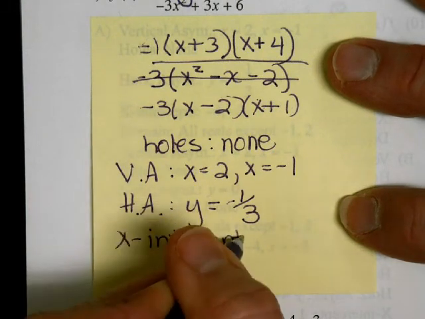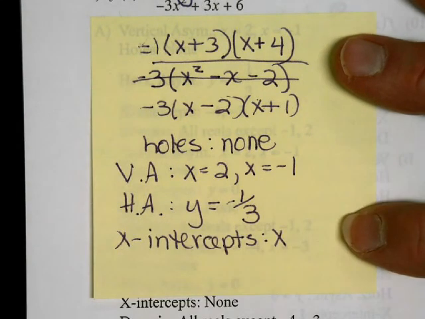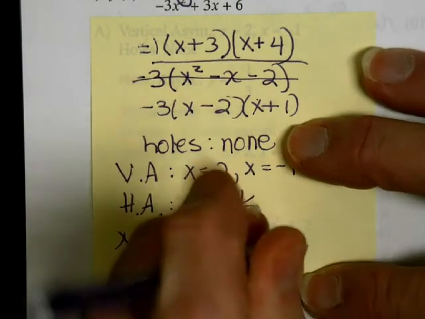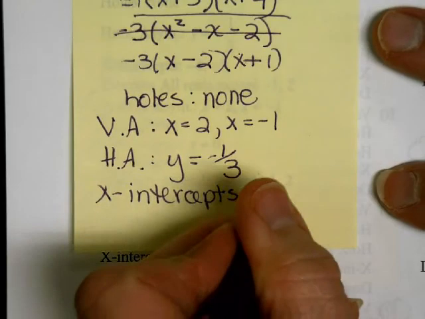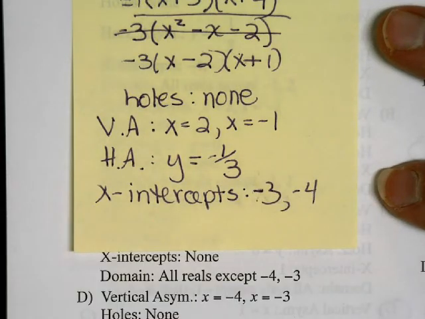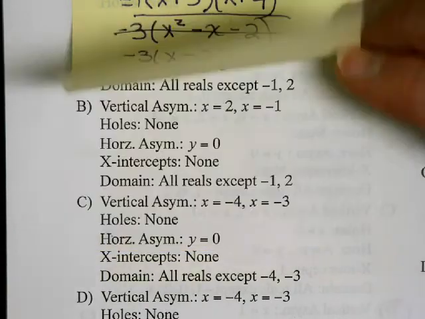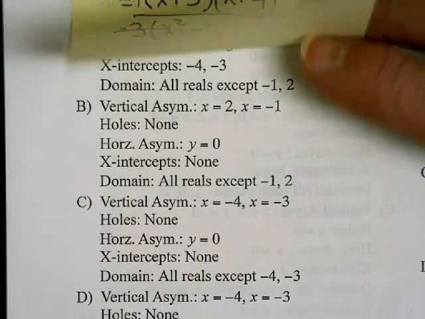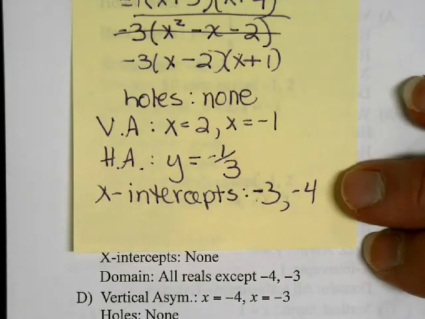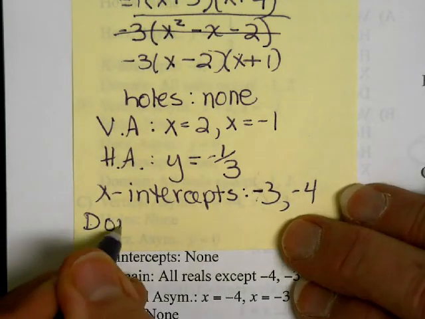X-intercepts, numerator. I guess they just list them, don't they? X-intercepts, yeah, they just list, they don't say x equals. They just list -3, -4. Yeah. That's good. I was going to say, that is not the right one down there.